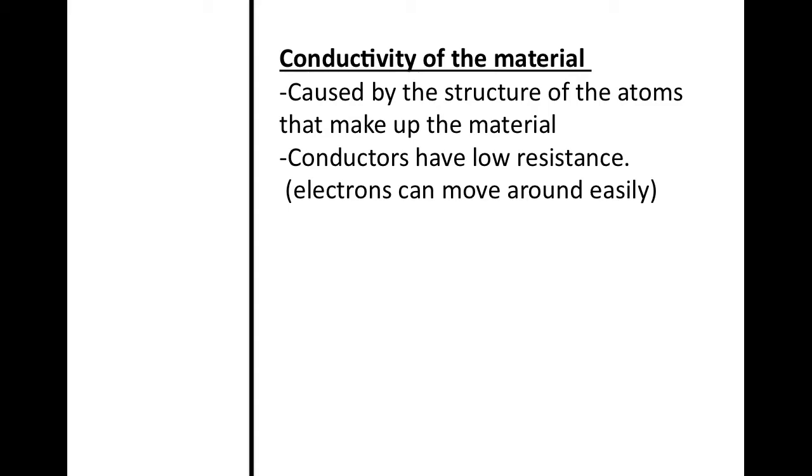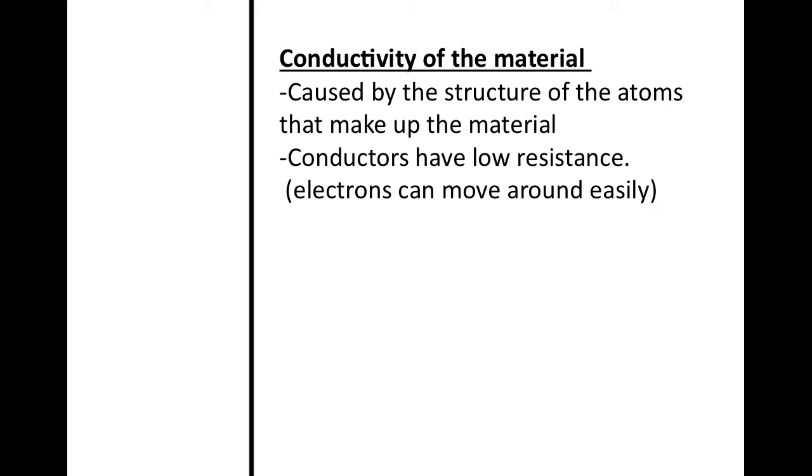Conductivity of the material is the fourth and last factor that can affect resistance. This is caused by the structure of the atoms that make up the material itself that the electrons are traveling through. We know that all matter is made of atoms. Each material is composed of different atoms which have different numbers of subatomic particles, and we know those to be protons, neutrons, and electrons. Those particles are linked together in a specific way, and it gives each atom its unique chemical identity.